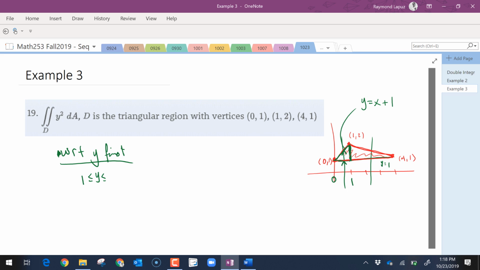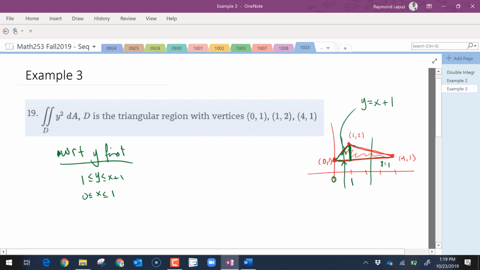We're going to set it up. But we'll see that if we do it the other way, with respect to x first, we're only going to have one integral, and I prefer to do that. But let's do this one where we have to split it up into two. So I think the outer function is going to be x plus 1, and my x limits go from 0 to 1. But if I go past 1, my top function is going to change.